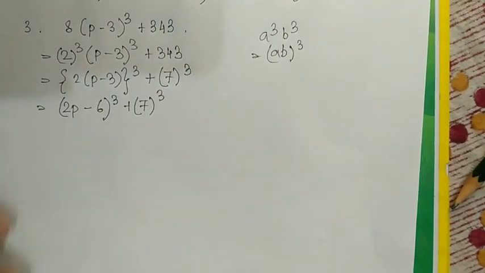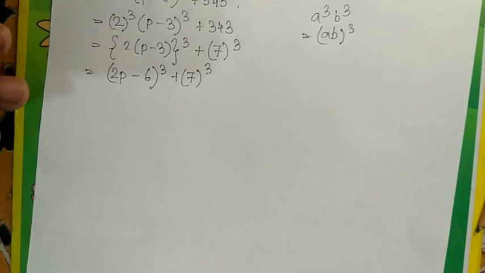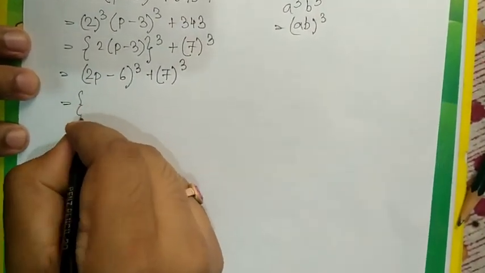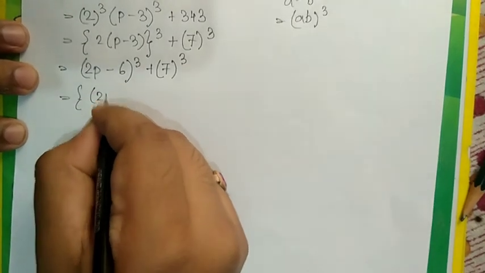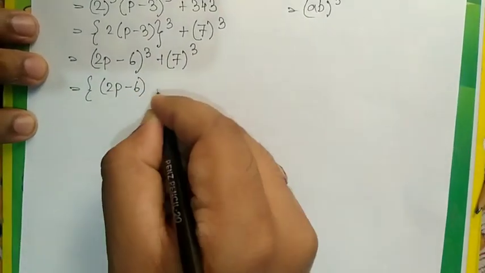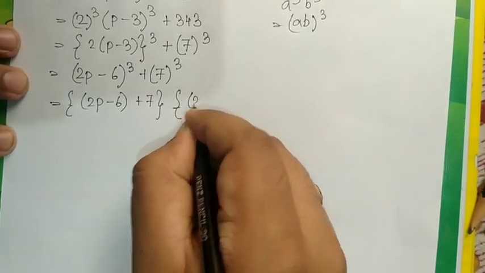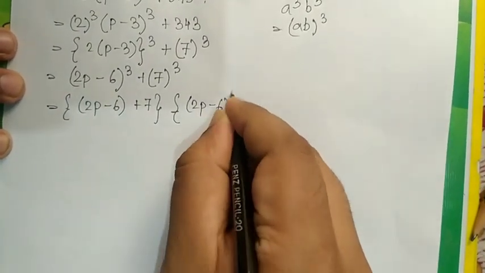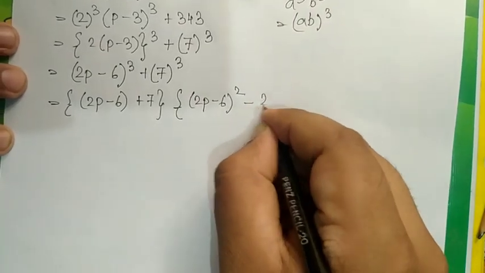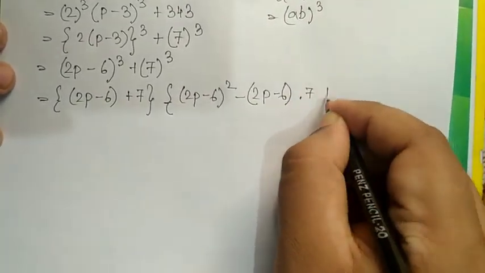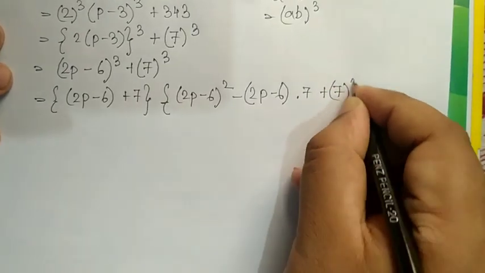Now here a plus b, so therefore a plus b, a square minus ab plus b square.